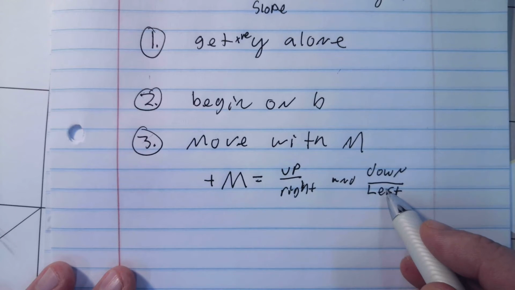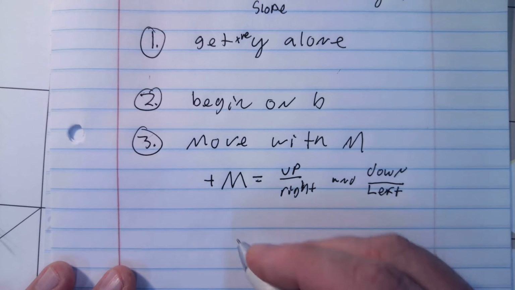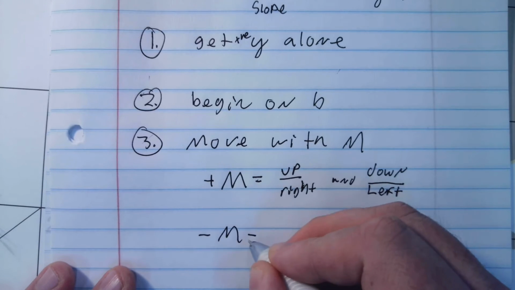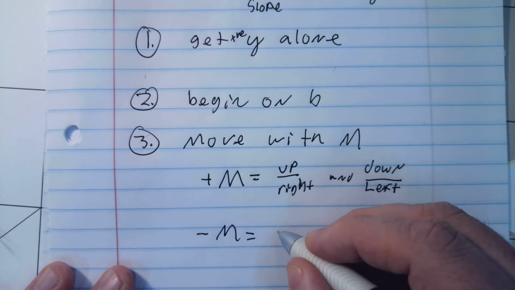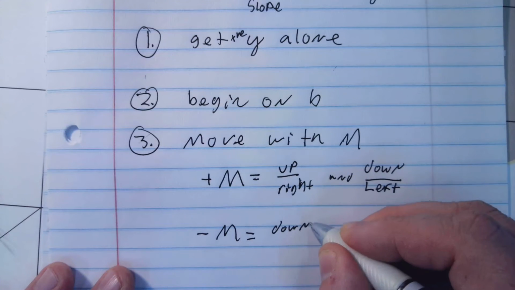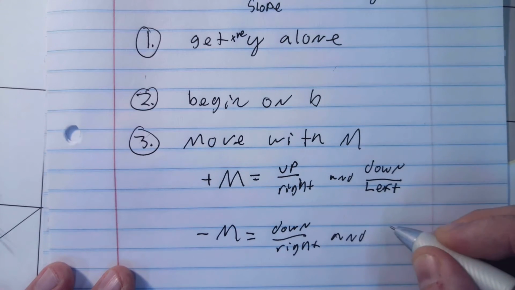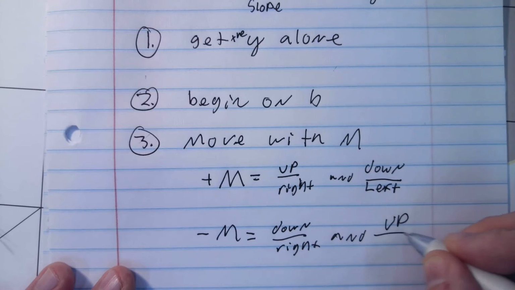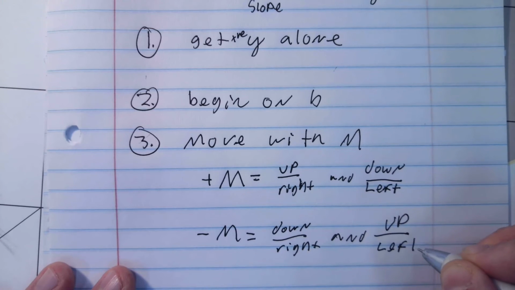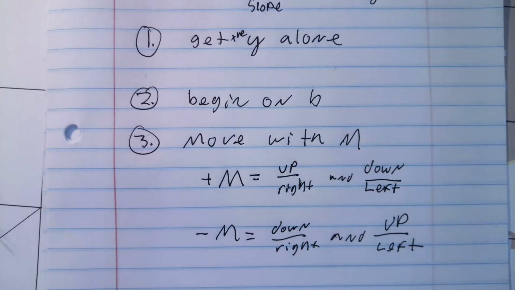Okay, see how that's opposite? If it's negative, we are going to go down, right, and we're going to go up, left. Okay, this is really all you need to know about graphing a line.